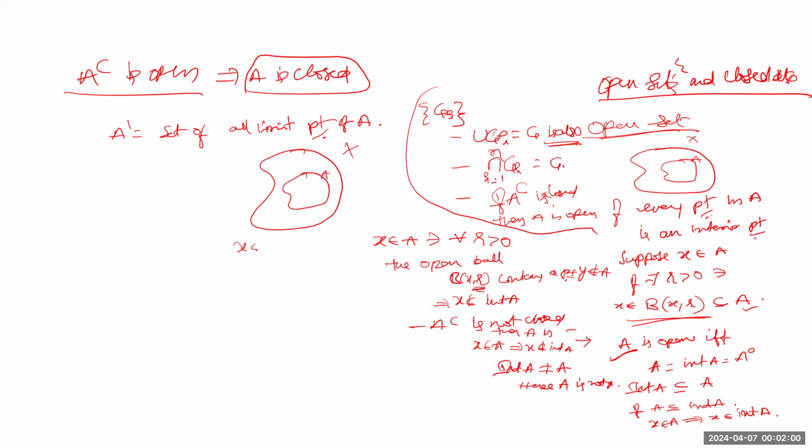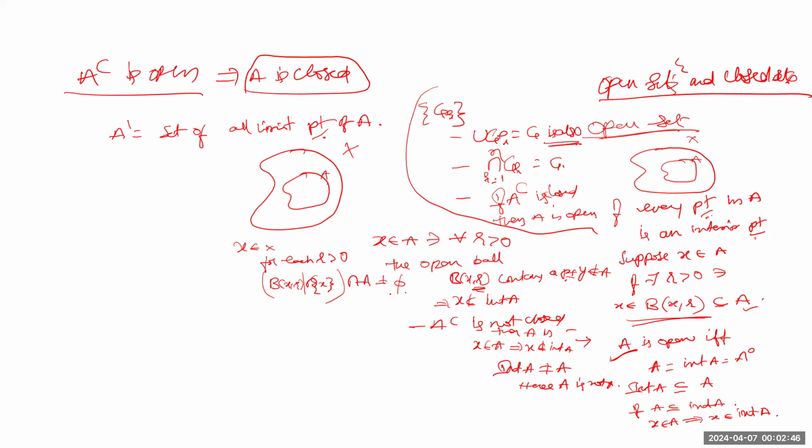So you can say x belongs to X. If you want to say x is a limit point of A, then for each r greater than 0, the open ball B(x, r) minus {x}, intersection A, is non-empty, right?